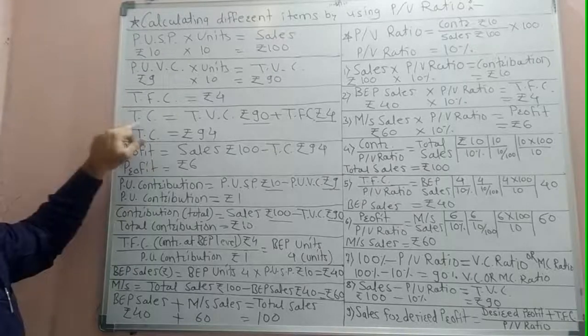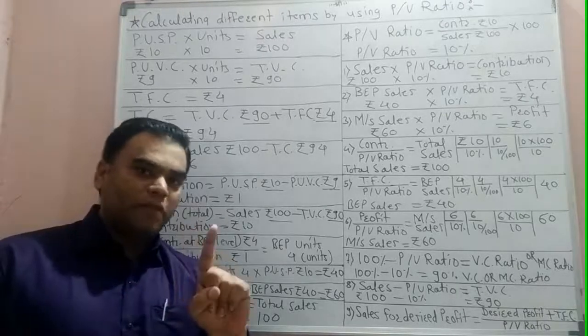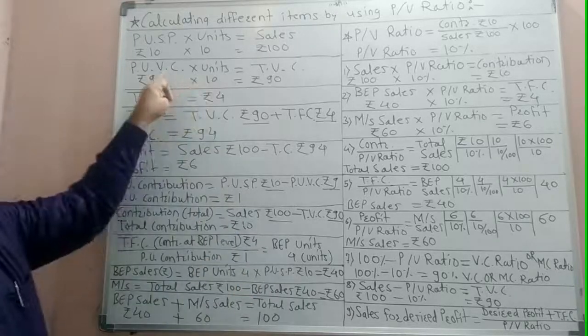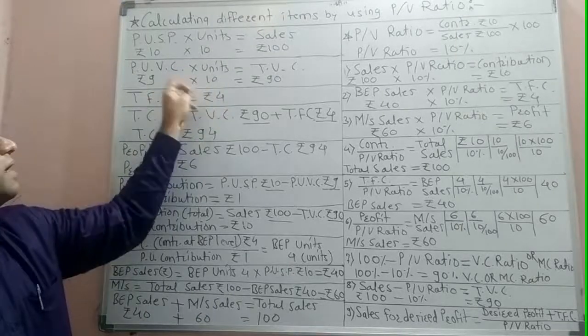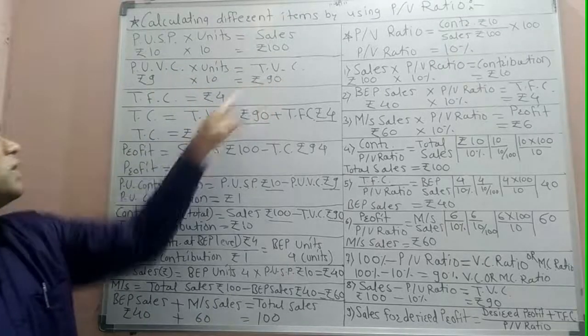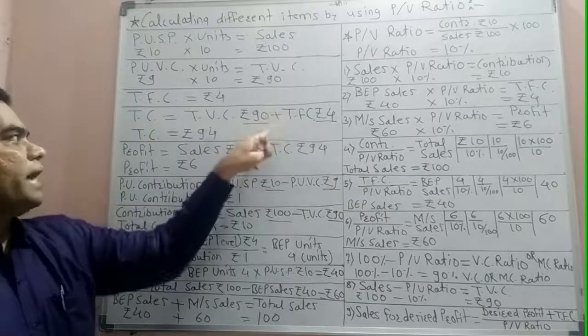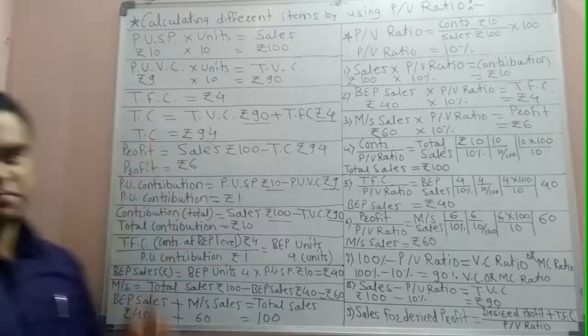So what will be the total cost? As we know, total cost is the sum of total variable cost and total fixed cost. Total variable cost is 90 plus total fixed cost 4, so 94 will be the total cost.